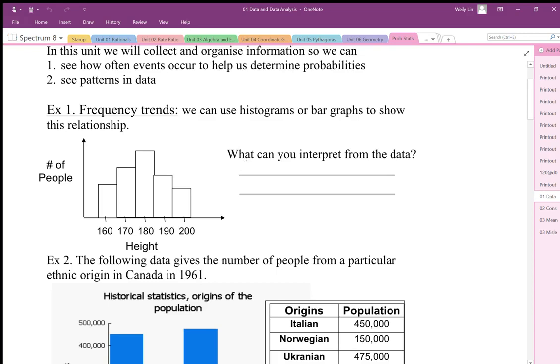So most people are around 180 centimeters, and there are few people that are short or tall, that are 160 centimeters and 200 centimeters tall. Okay, so those are the shorter and taller people. And this is something we would kind of expect. This is what we call a normal distribution.